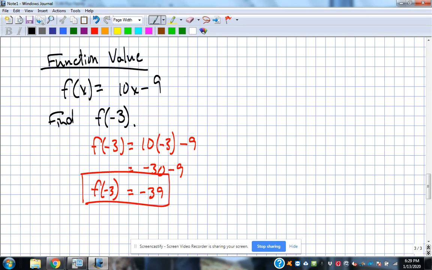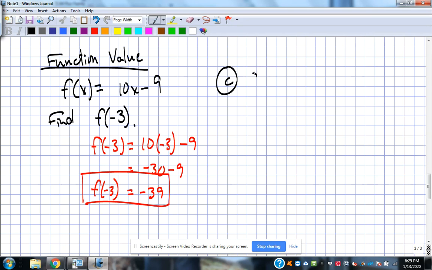Because depending on what x is, which one of the pieces we use, because of those domain pieces that are out there, the inequalities that are out there, they tell us when x is a certain number, we use this piece. So let's look at example D, or C, excuse me.